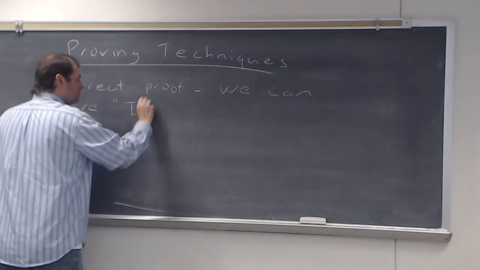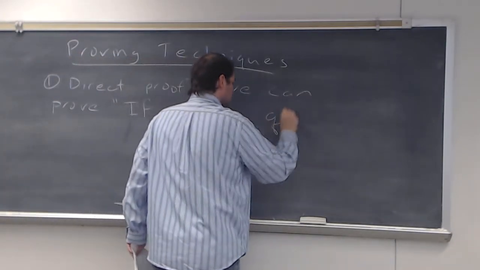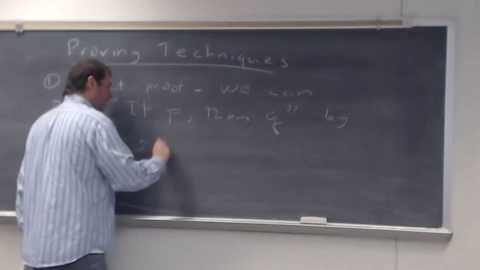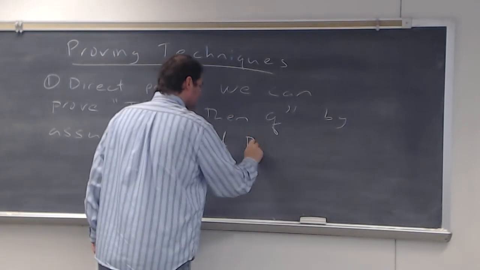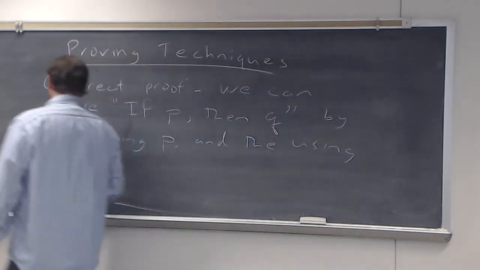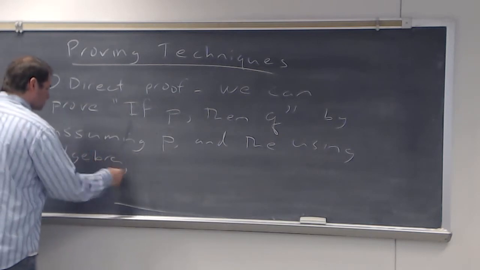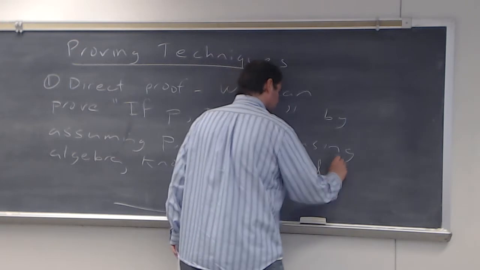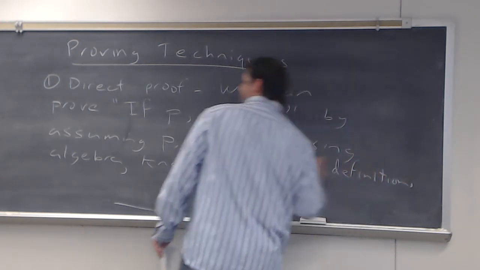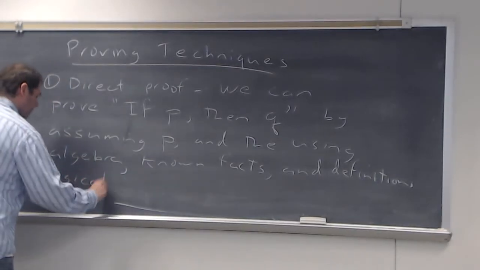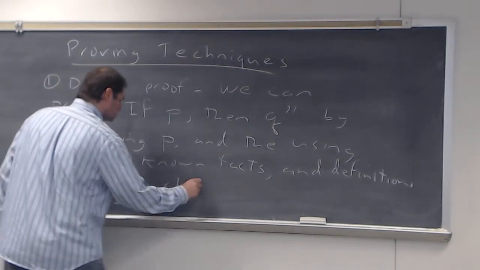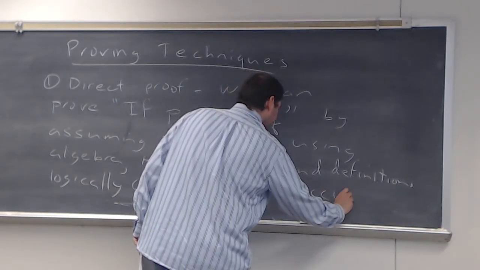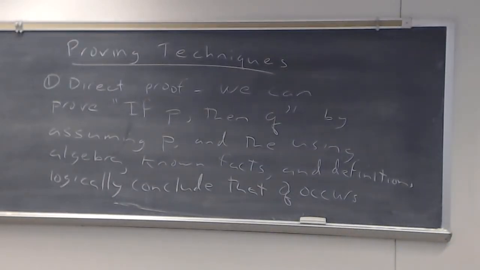We can prove if P happens, then Q will happen by assuming P occurs and then using algebra, known facts, and definitions to logically conclude that Q occurs. So that's what we mean by direct proof.